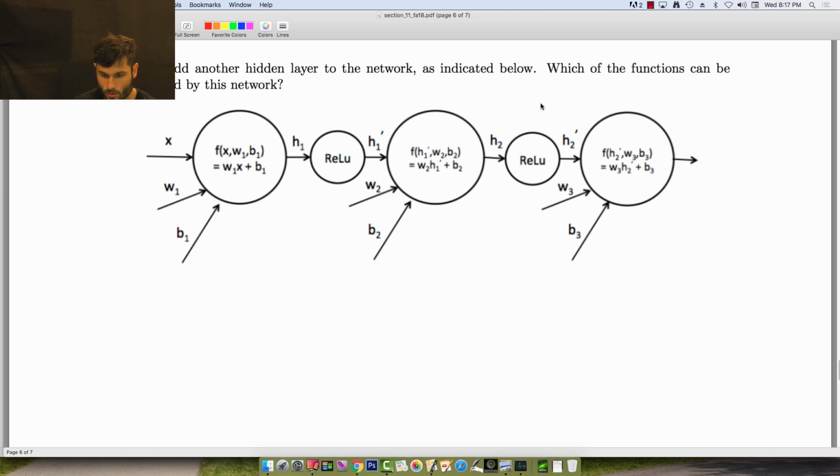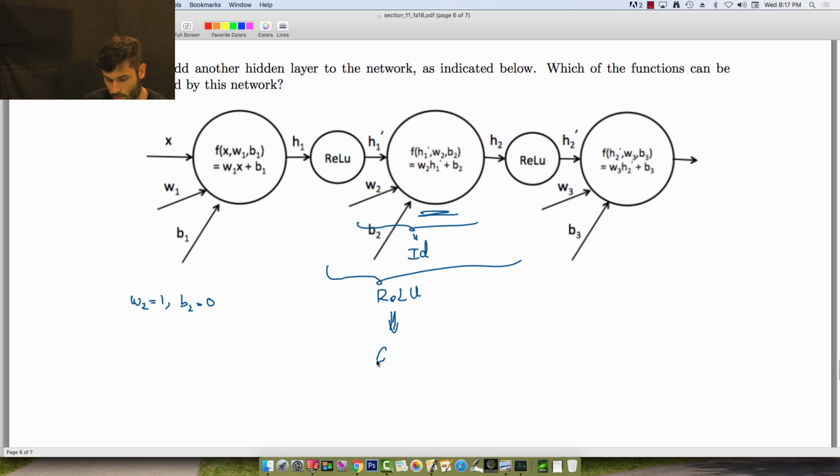Applying the same trick as before, if we set the intermediate layer with W2 equal to 1 and B2 equal to 0, then this layer is equal to the identity, which means that these two ReLUs are actually just one ReLU. And this is the same network as question number 5, which implies that we can represent the graphs C, D, and E.